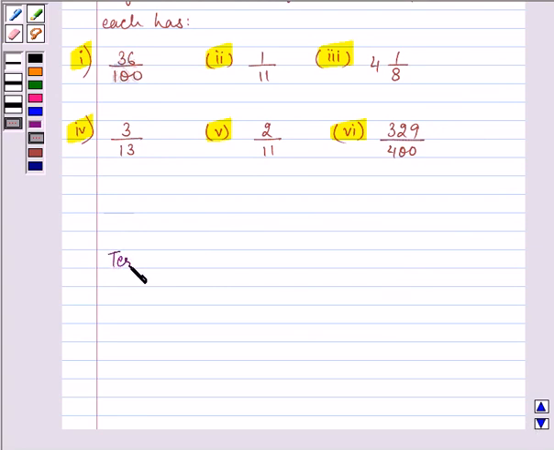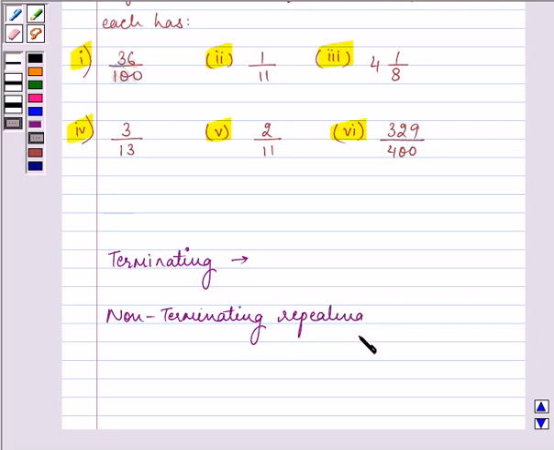They are terminating decimal expansion and non-terminating repeating decimal expansion. Right? Terminating decimal expansion is the kind where the remainder does not repeat itself, or the remainder is equal to 0.